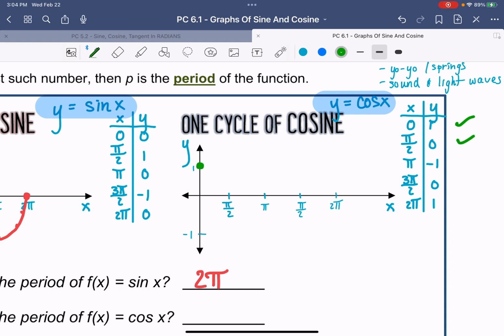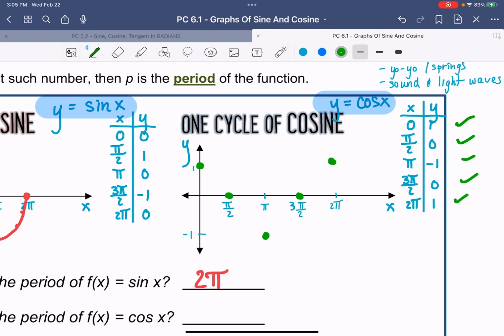At pi over 2, we're going to be coming down to 0. At pi, we bottom out down here at -1. 3 pi, whoops, that should be a 3 pi over 2, we should be coming back up to 0. And at 2 pi, I should be up at 1.